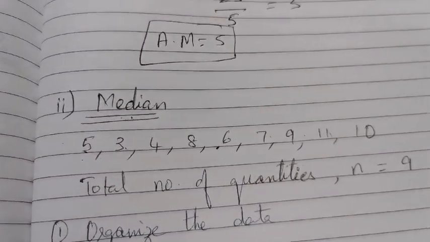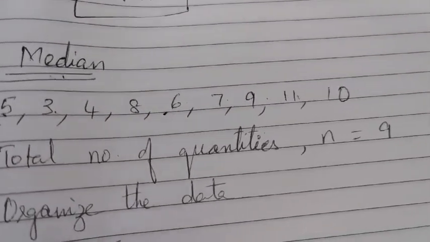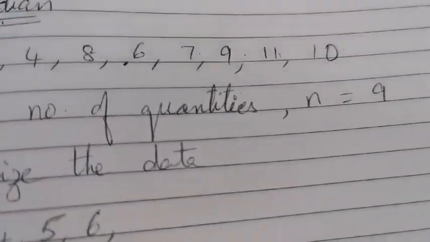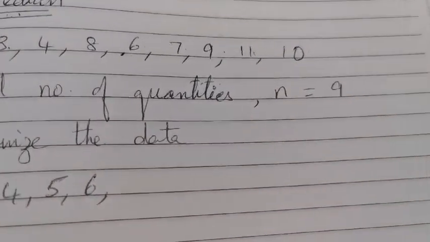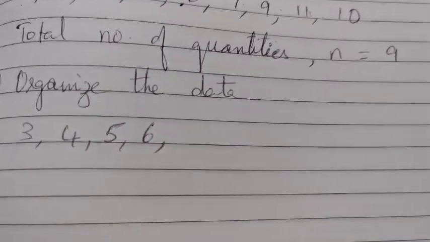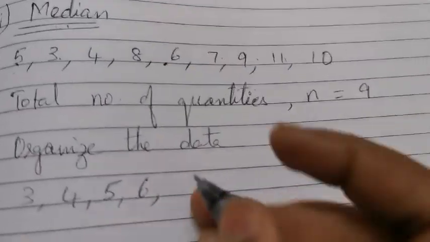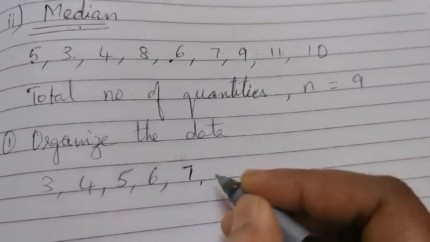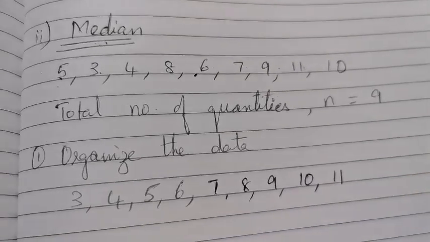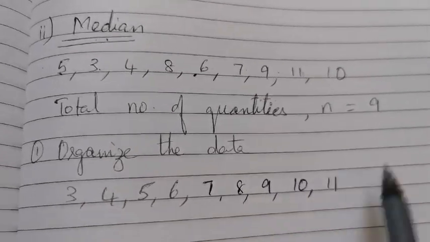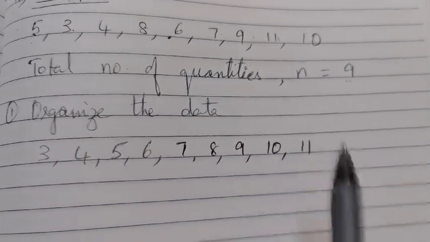I am arranging it in ascending order: 3, 4, 5, 6, 7, 8, 9, 10, 11. Okay. So I will check whether I have 9 data written. 1, 2, 3, 4, 5, 6, 7, 8, 9.